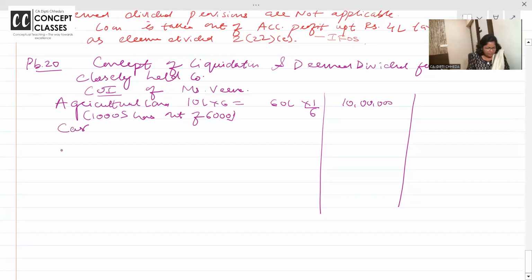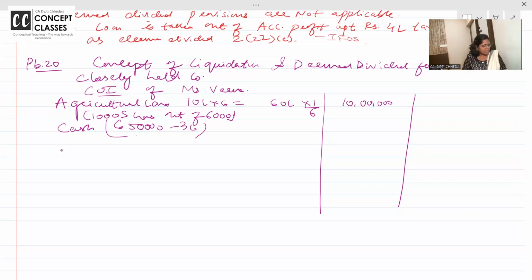Now how much is the cash? 6,50,000, but out of that you have to pay 3 lakh tax. Are you all able to pick up the question, please? If you can give the response. There is 6,50,000 cash, we are closing the company, so whatever assets are there, pay off the liability.